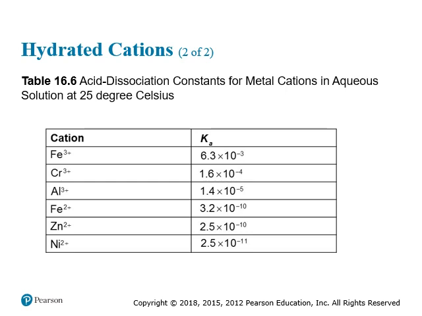So that's going to result in a higher Ka value. Fe3+, or the ferric cation, has a Ka value of 6.3 times 10 to the minus 3, while the Ni2+ cation doesn't experience that strong of an attraction. That results in a Ka value that is much less, or 2.5 times 10 to the minus 11.